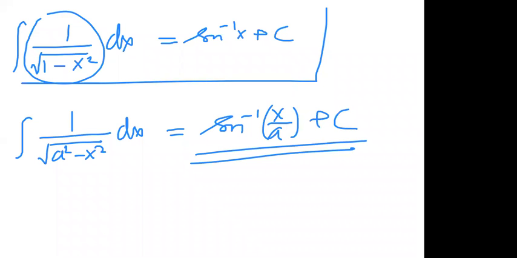Sine inverse x upon a plus c is the formula for integral 1 upon under root a square minus x square. So questions based on this will also be part of your syllabus. Like a question I'm taking, this will make you a little more clear about the topic.